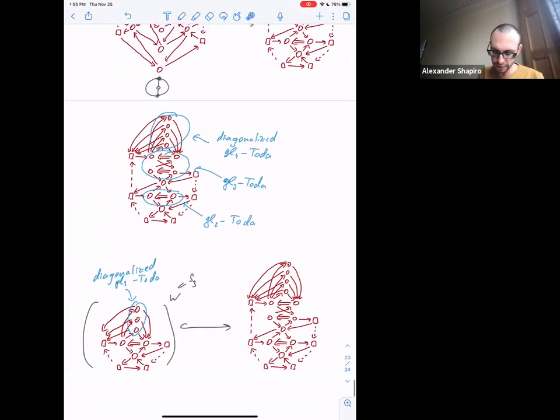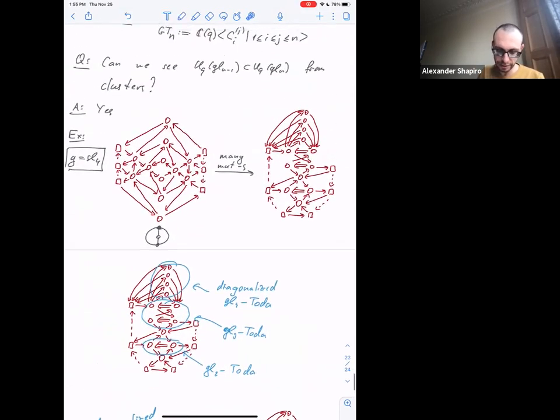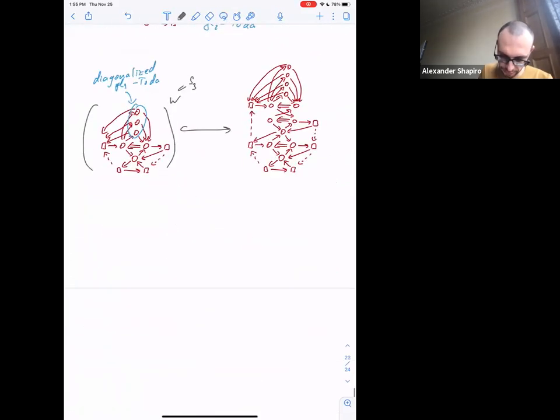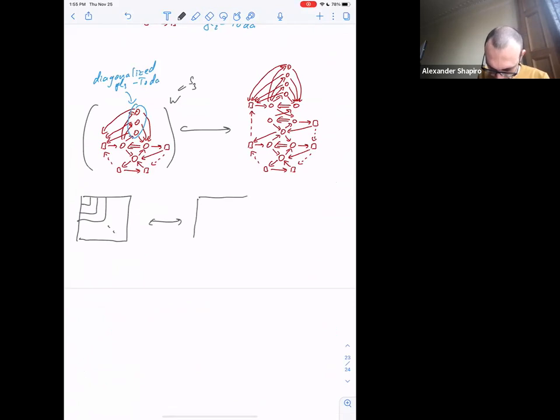Now, a nice thing about that is that over here I've chosen to embed all of them as upper left corners, but I could have chosen otherwise. If I want to exchange this picture for this picture, this could be done by cluster mutations.